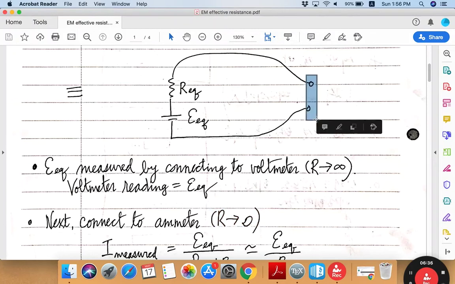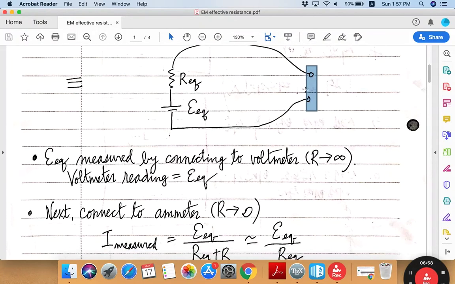It's like hooking up this equivalent circuit to a resistor which has practically 0 resistance. Therefore it does not affect the overall resistance of the circuit at all.